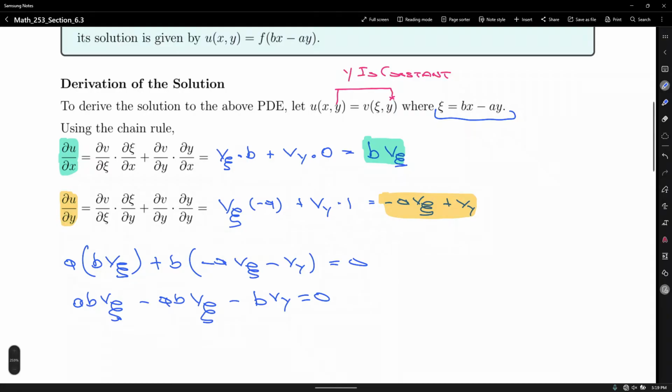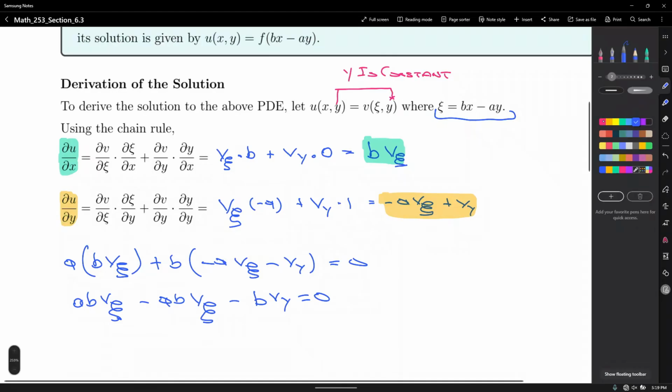Do you see how the first two terms cancel? That leaves us with only b v with respect to y equals 0. And guys, notice this equation involves only one partial derivative, with no other partial derivatives.